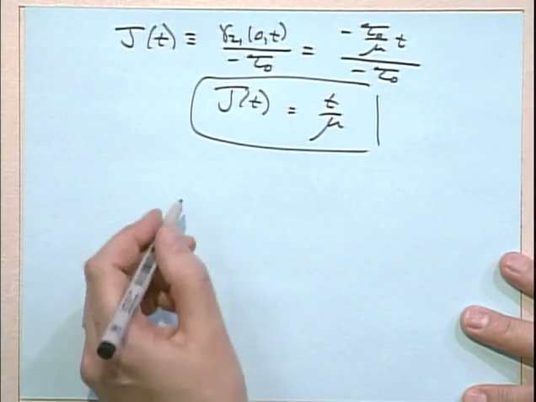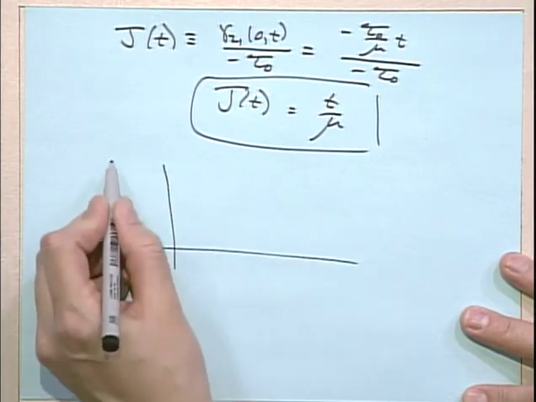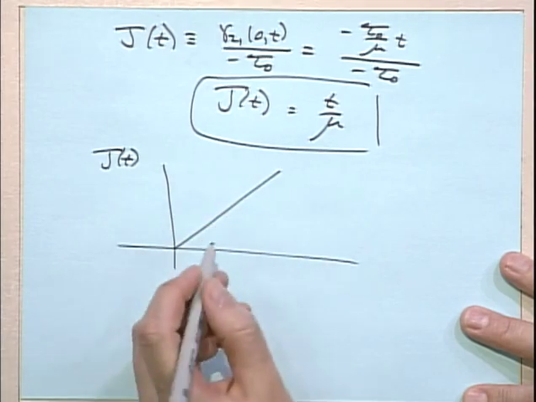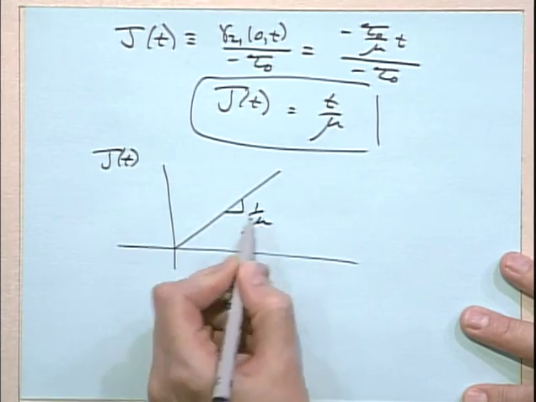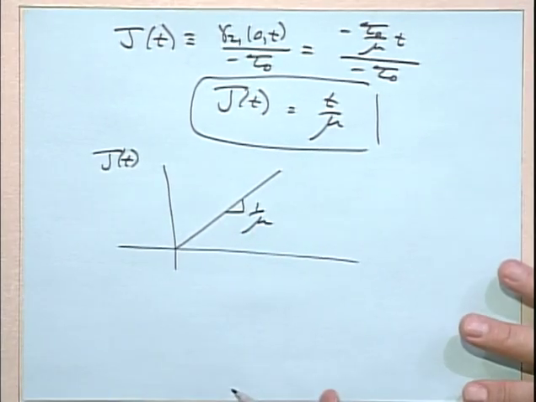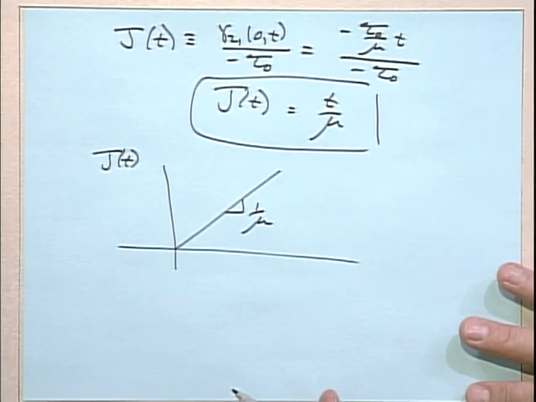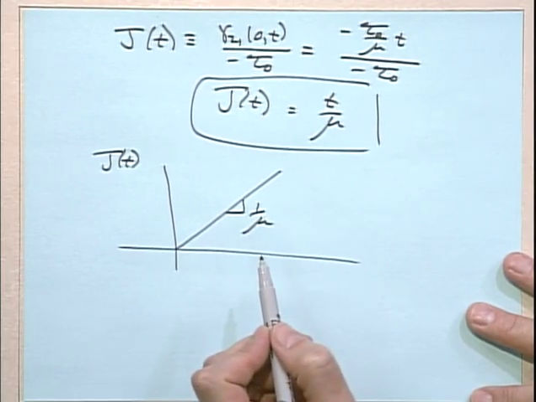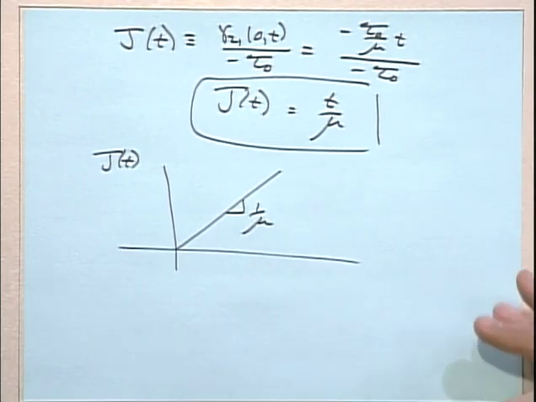If we sketch it, J of t for a Newtonian fluid is a straight line with a slope 1 over the viscosity. If this is the response we measure, and then we measure it again for a material that's twice as viscous, what does it look like?